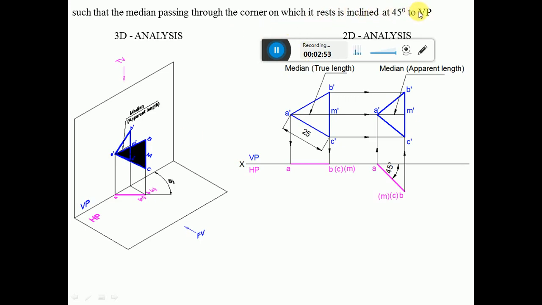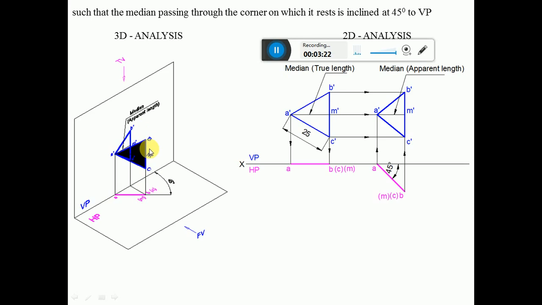With A dash, one of the corners, kept on the vertical plane, you rotate the triangular lamina such that the surface is inclined at 45 degrees to VP. When you look from the top view, the image will fall on the horizontal plane. Since the surface is inclined to VP but still perpendicular to HP, in the top view you are going to get a line.